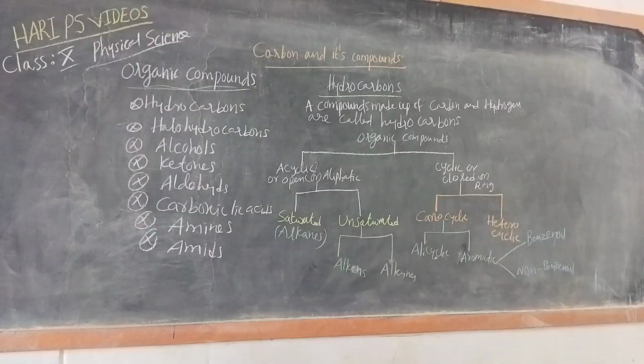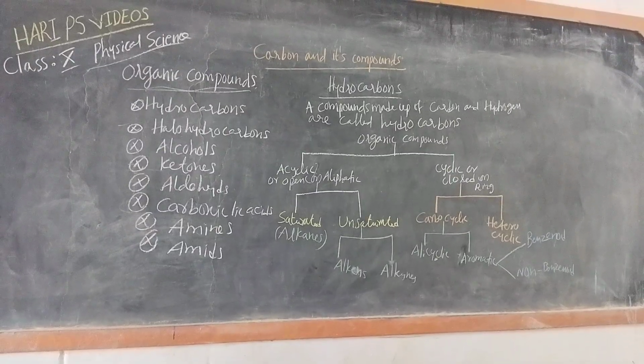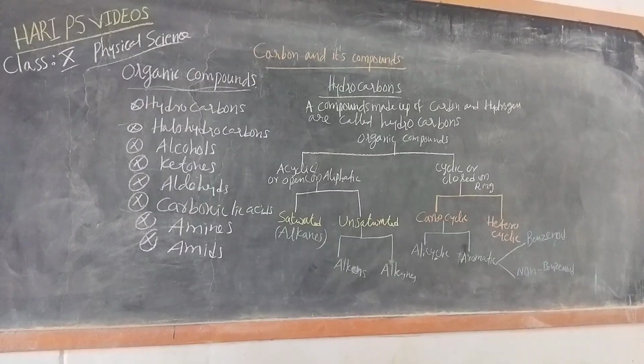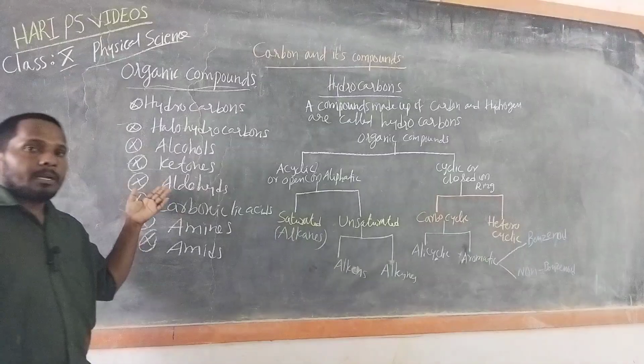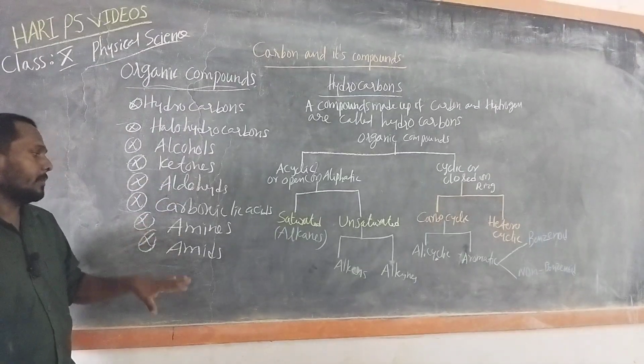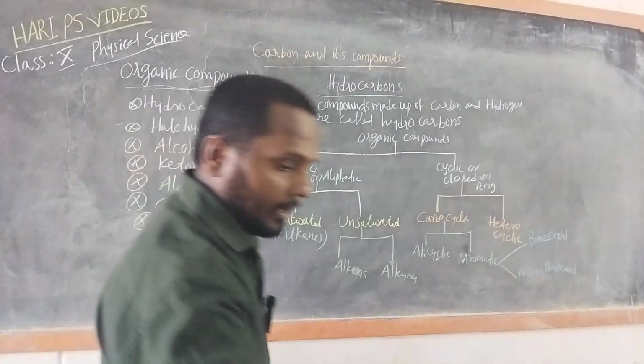I hope you understand this flow chart. Let's discuss hydrocarbons, along with another important topic, functional groups. Under organic compounds, from the second one onwards, you observe halocarbons, alcohols, ketones, aldehydes, carboxylic acids, amides, esters, and amines.